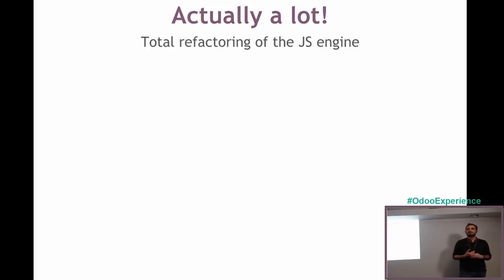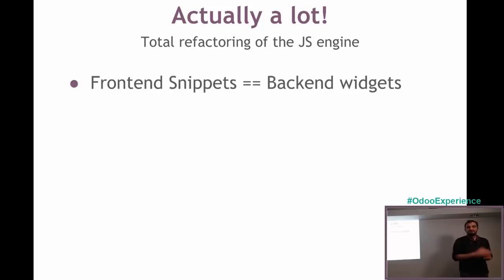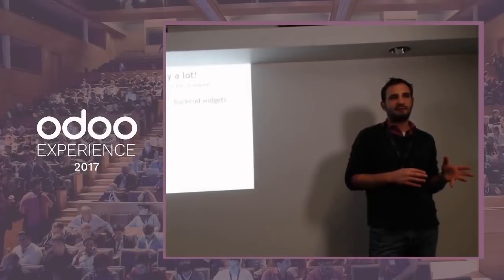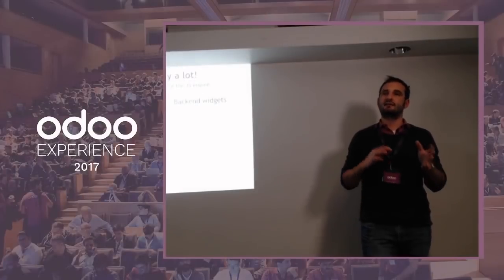I don't know if you are familiar with how to create snippets and themes in Odoo. There is always a JavaScript side where you can define your options. And we made a total refactoring, as I was saying. The main difference is that now front-end snippets are like back-end widgets.